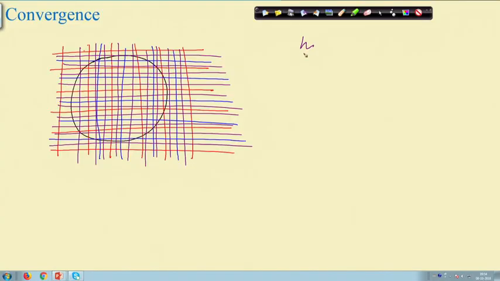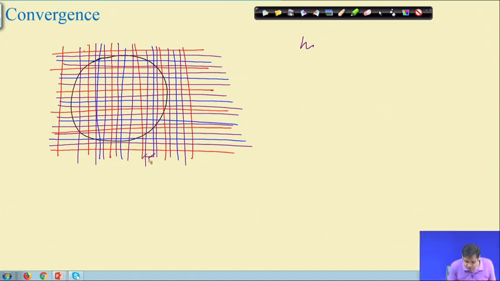If H is the characteristic size of each square, the convergence is achieved by reducing H, keeping all elements squares, but larger squares and smaller squares. The error is being reduced by reducing the size of the elements. This is called H-convergence, the convergence achieved by reducing the size of the element. Okay.